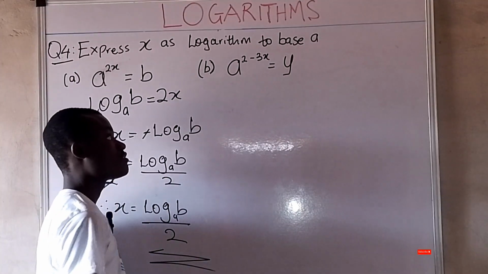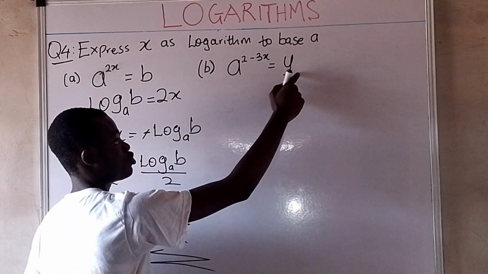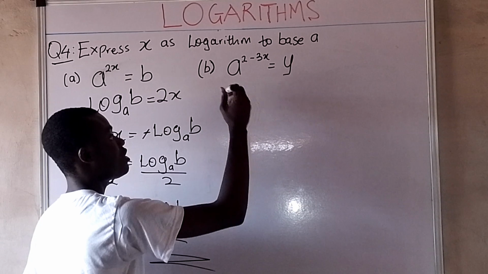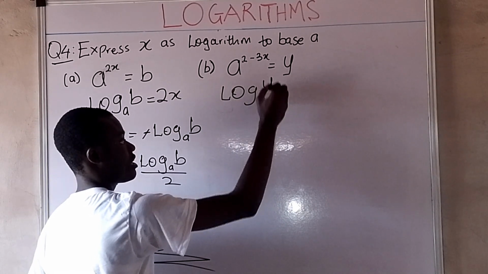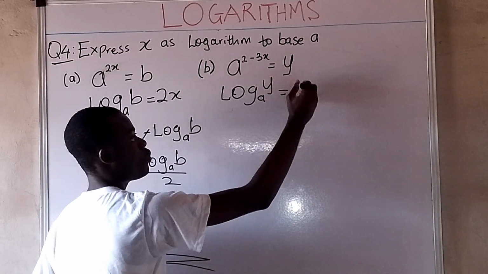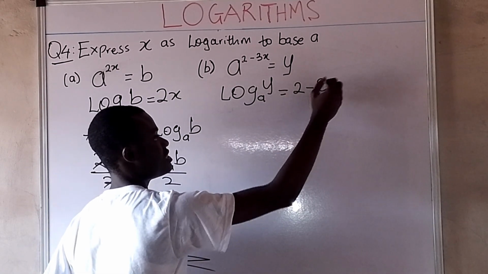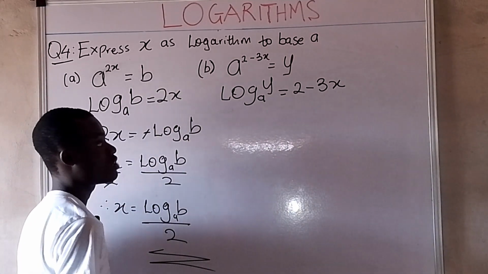So in the b part of this question, we have it that a raised to power 2 minus 3x is equal to y. So we can write this in logarithm form as log of the number y to the base a is equal to the power, which is 2 minus 3x. Remember, we have to make x the subject of the formula.